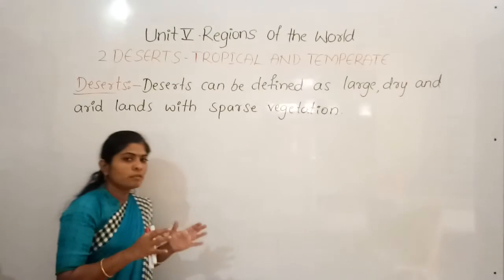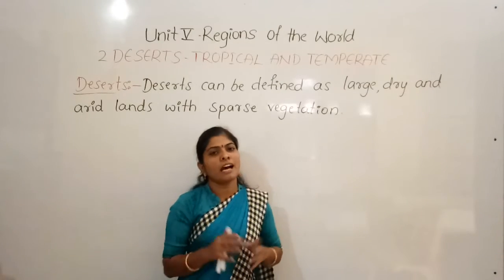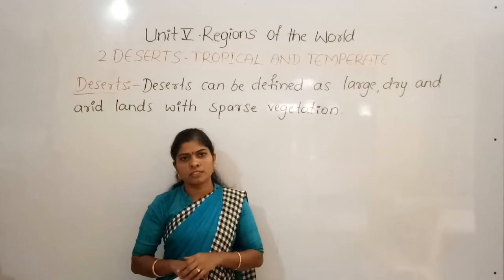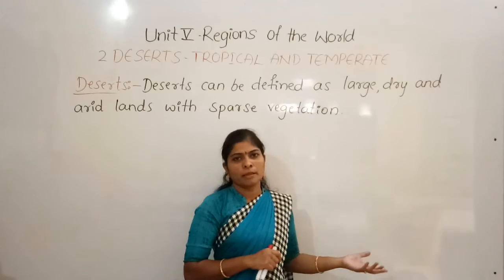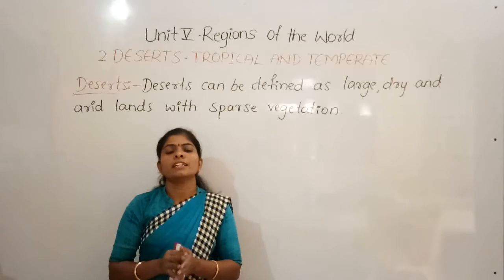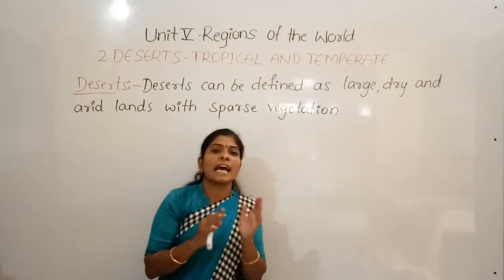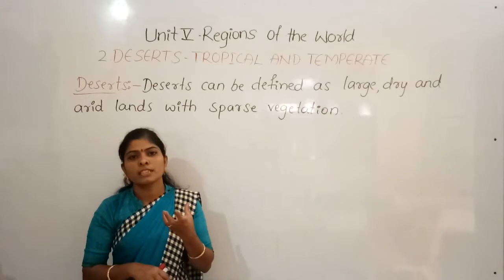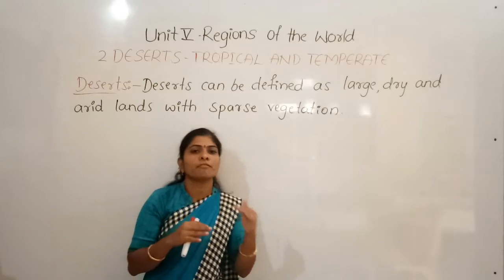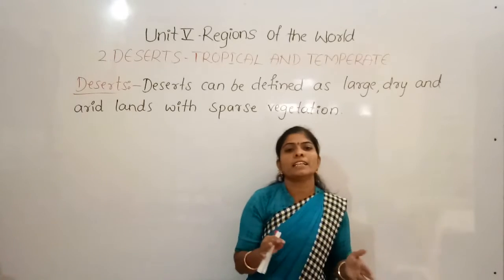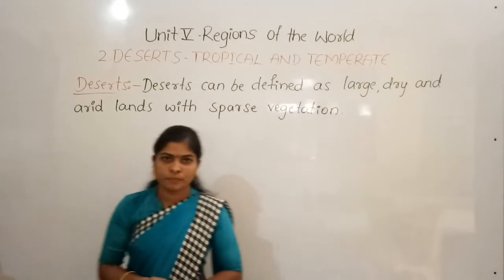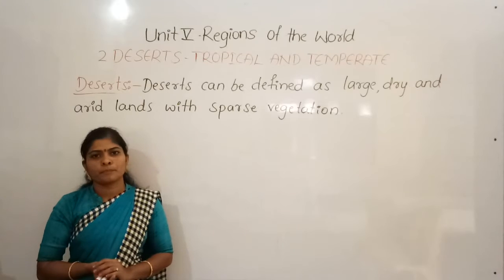But the people living here are adapted to such harsh climatic conditions, and the animals and plants also have certain specific characteristics that help them survive in those harsh conditions. So these are the deserts.